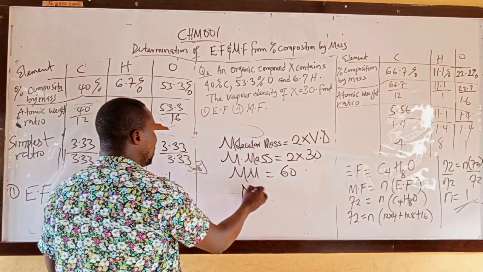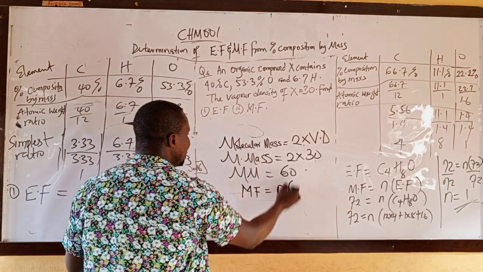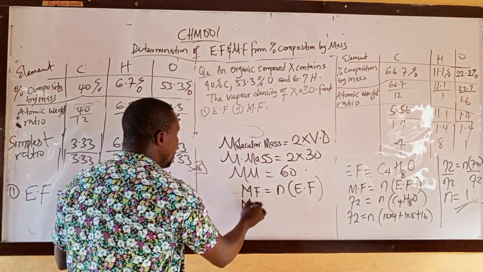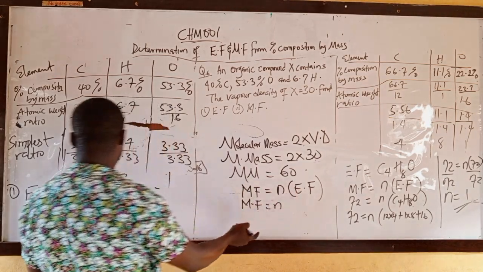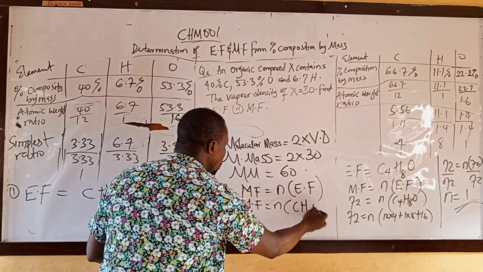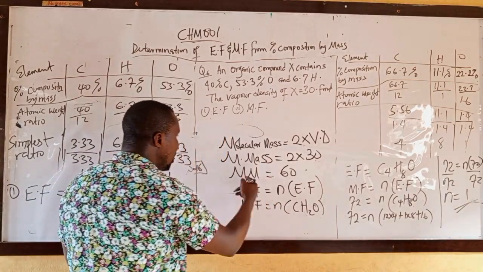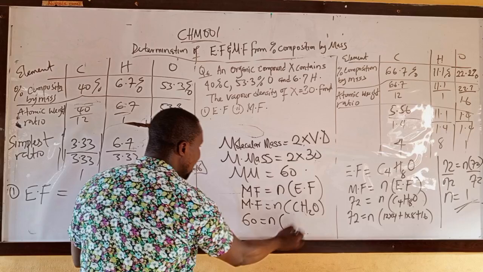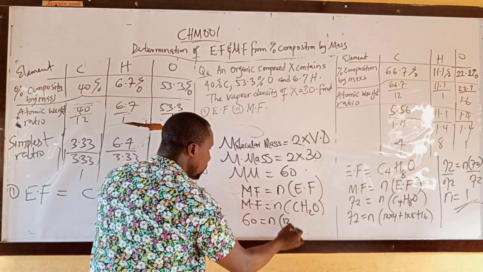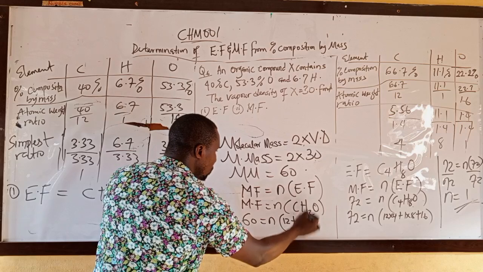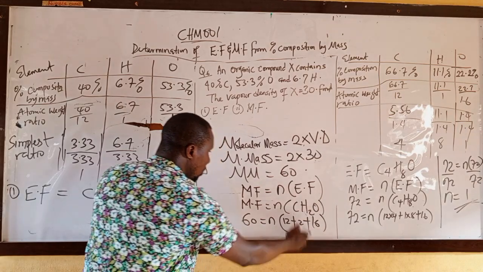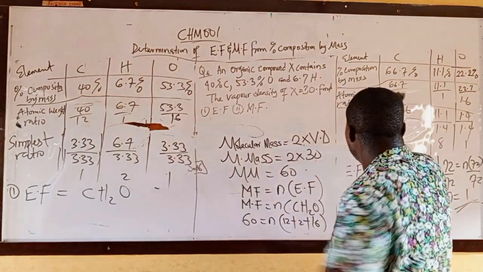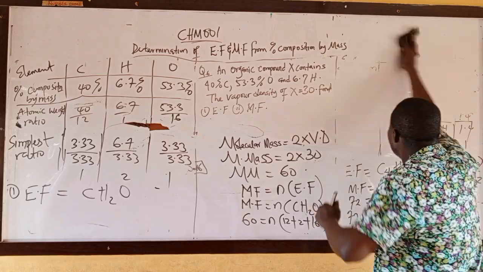Molecular formula equals n times the empirical formula, and the empirical formula is CH2O. So let us change molecular formula to molecular mass: 60 equals n times (carbon 12 plus hydrogen 1 times 2, which is 2, plus 16). 12 plus 2 gives 14, and 14 plus 16 gives 30.